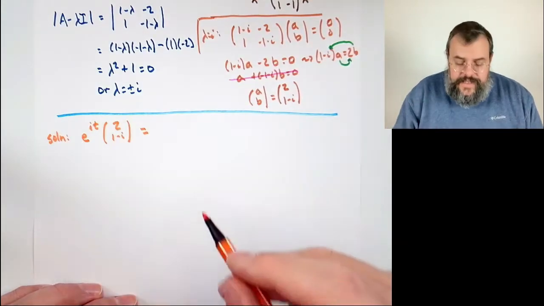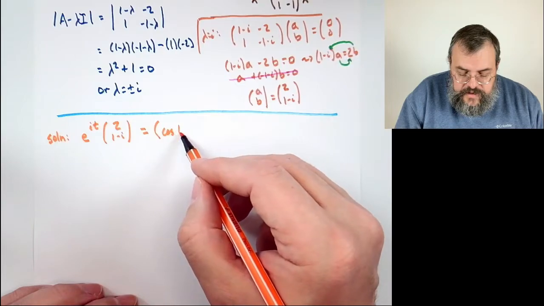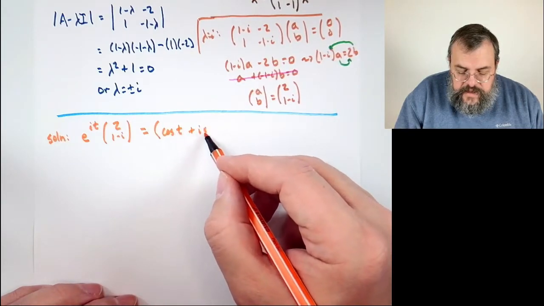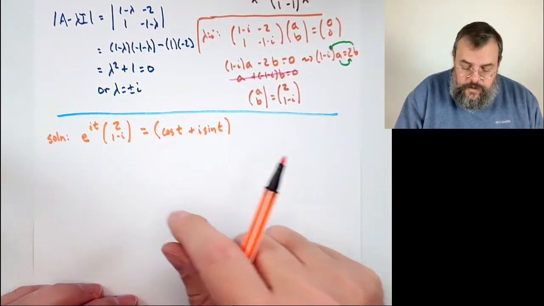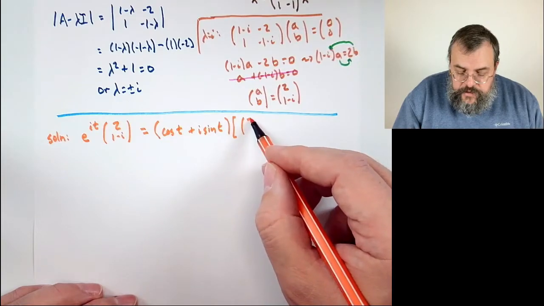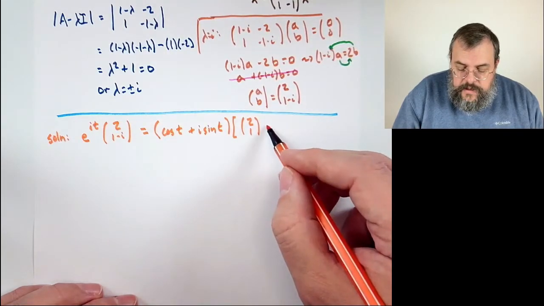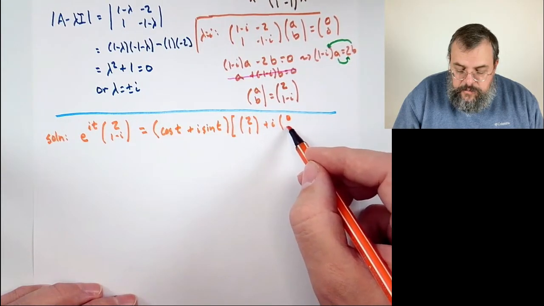We say, wait a second, e to the it, we can rewrite that. That's the same as cosine t plus i sine t. And this (2, 1 minus i), we can rewrite as (2, 1) plus i (0, minus 1).